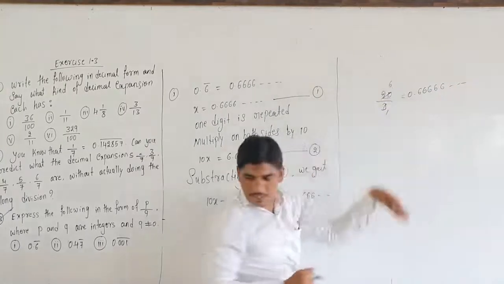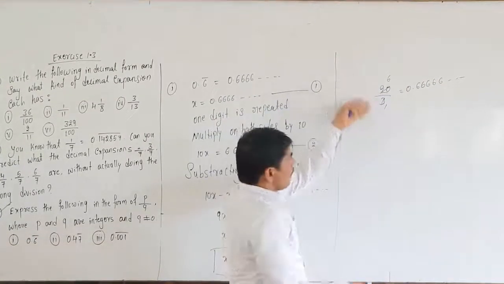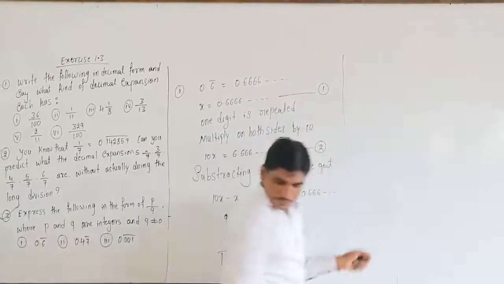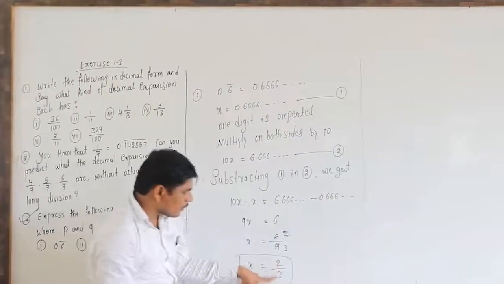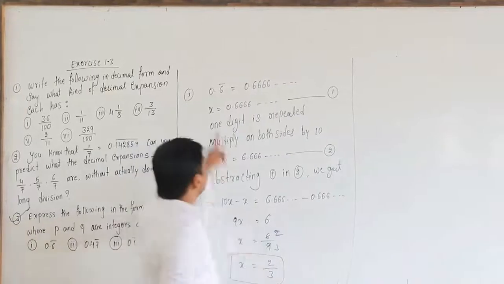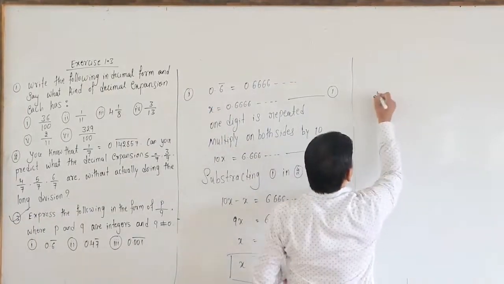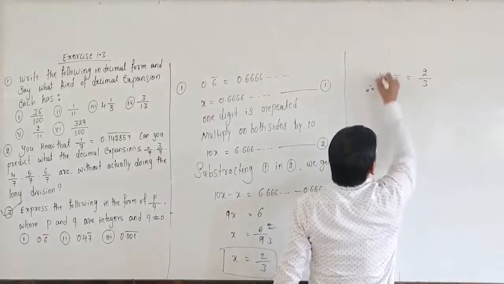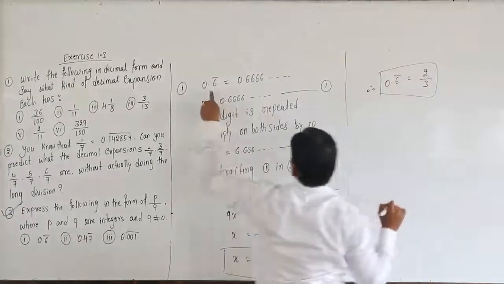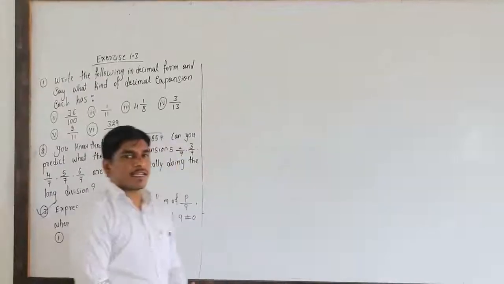That's why this is a verification. Now x is equal to 2 by 3, which is of the form p by q. That's why 0.6 bar is equal to 2 by 3, the answer of the given problem.